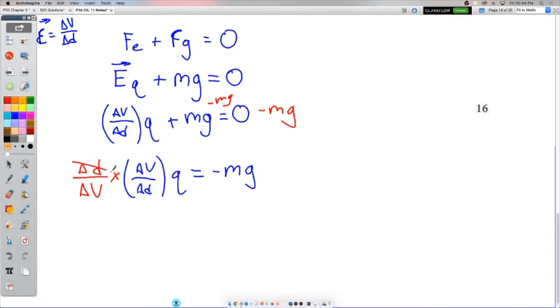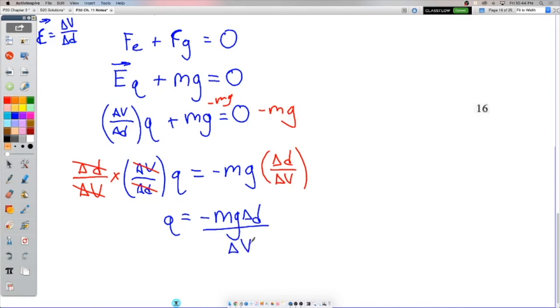If I multiply that by that, those cancel out. And on this side, I do the same, times the separation distance over the potential difference, and there we go. This is what Millikan arrived at as well.